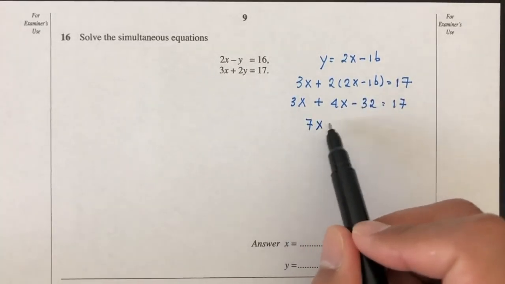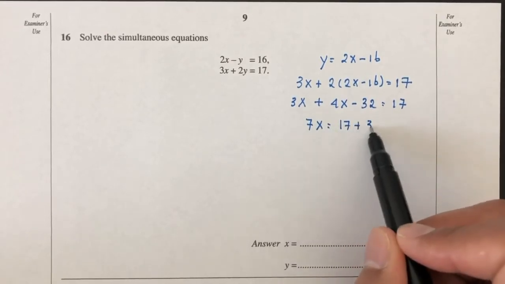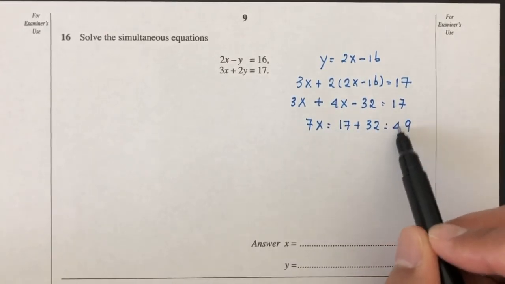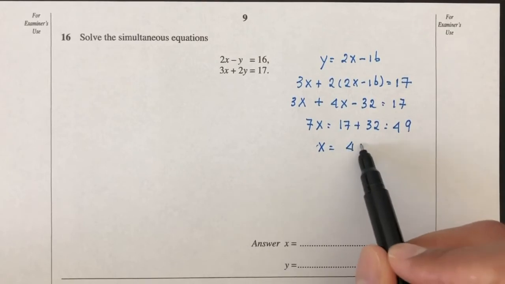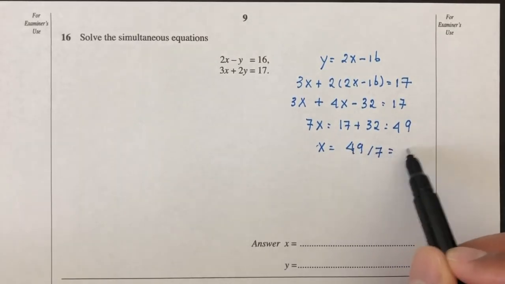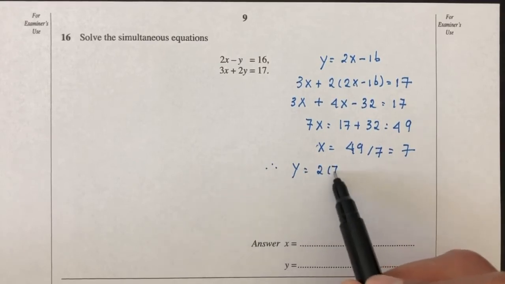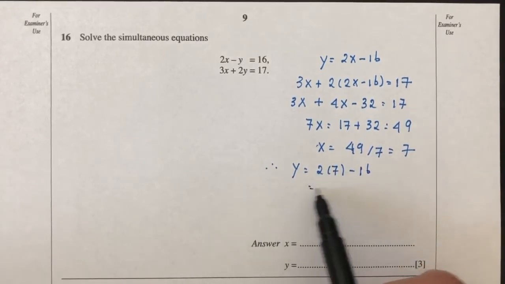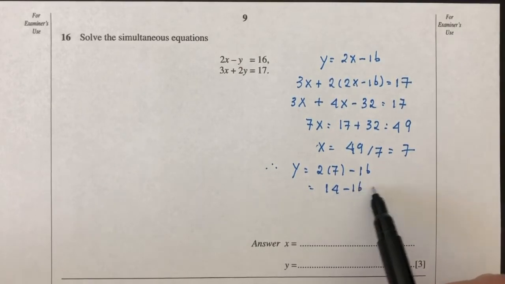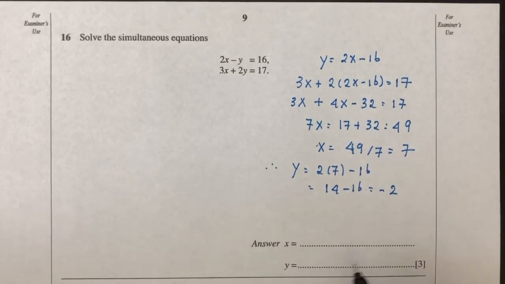So 7x equal to 17 plus 32, 49. So x becomes 49 divided by 7, which is 7. So y becomes 2 times 7 minus 16, which is 14 minus 16, minus 2. So x is 7 and y is minus 2.